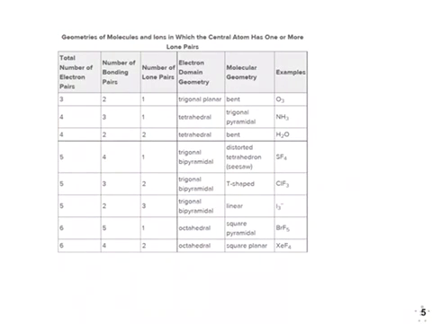So we have these handy dandy tables that take a look at the total number of electron pairs, the number of bonding pairs, and how many lone pairs of electrons. If you know that information, meaning you've sketched out your Lewis dot structure, you should be able to determine the electron geometry and the molecular geometry, and this last column simply gives you examples.